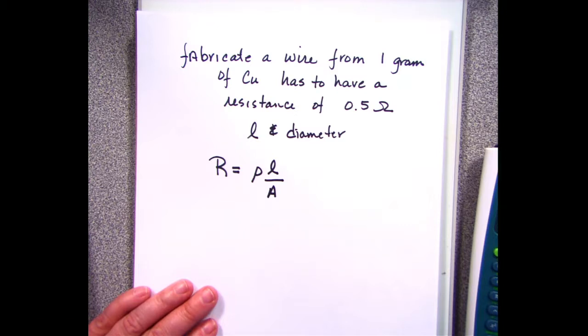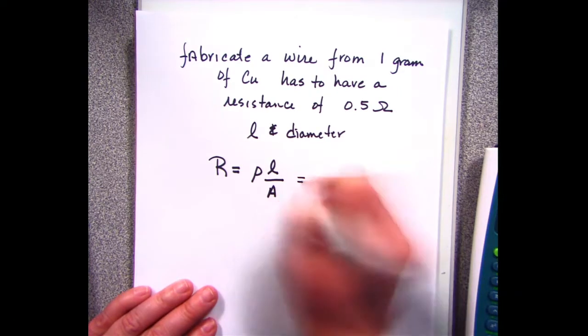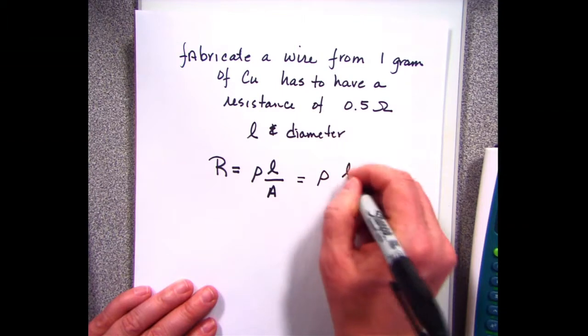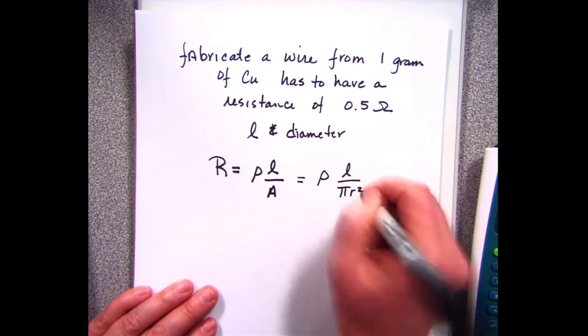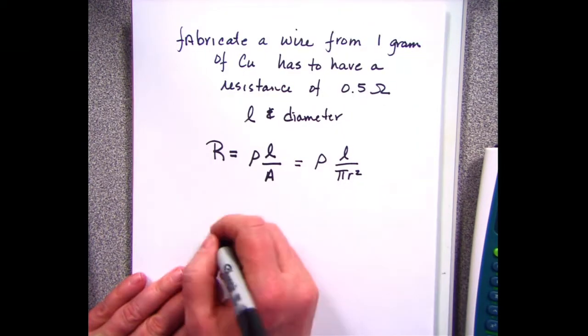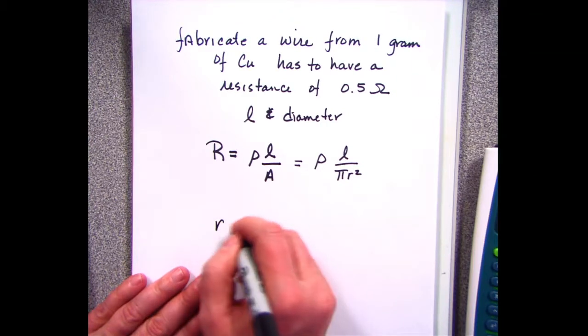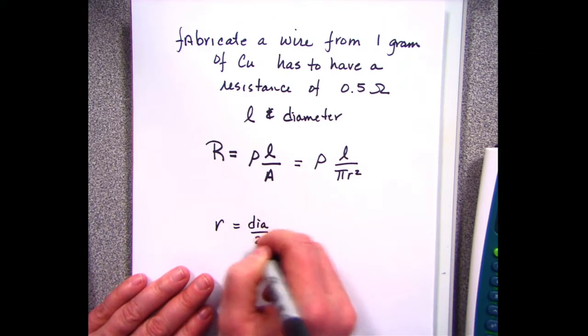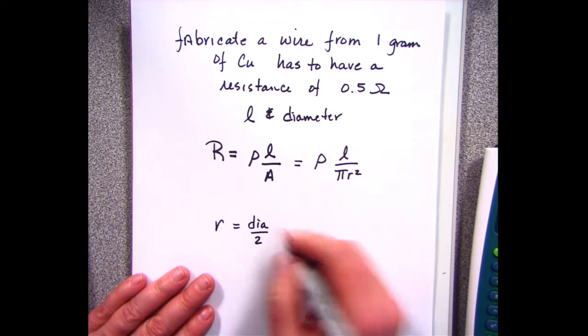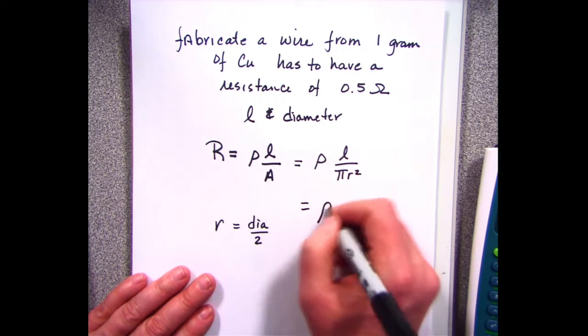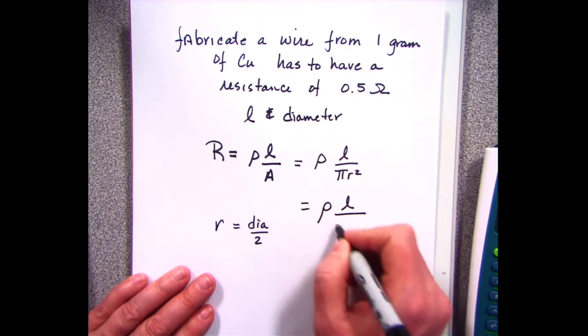So if I go in here, I'm going to get R equals rho L divided by pi times D divided by 2 squared. So this will now be 4 rho L over pi D squared.